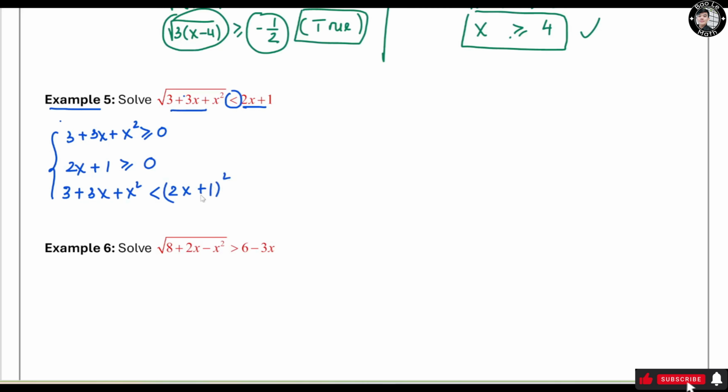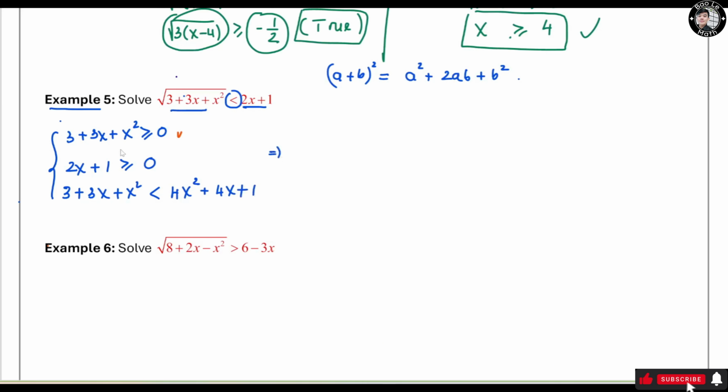We're going to use the complete square formula to expand this one. Remember, we have (a plus b) altogether squared equals a squared plus 2ab plus b squared, right? So this guy is the same thing as 4s squared plus 4s plus 1.